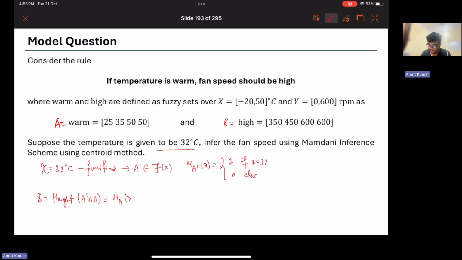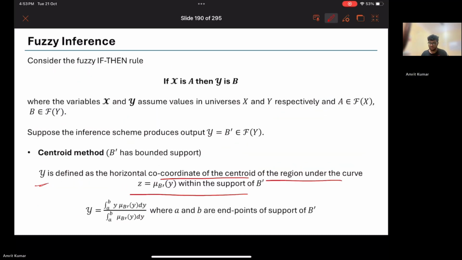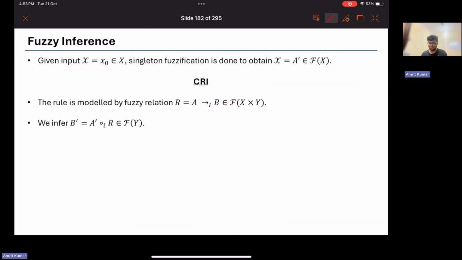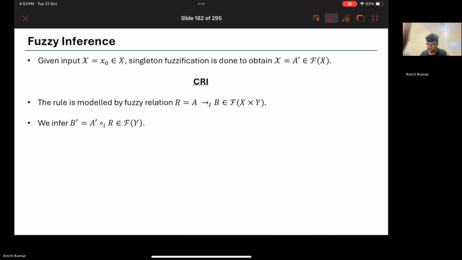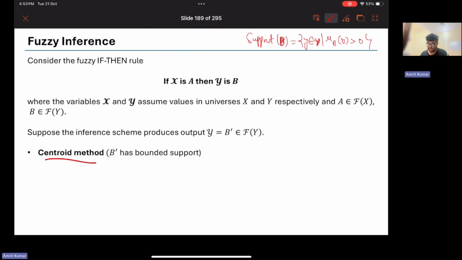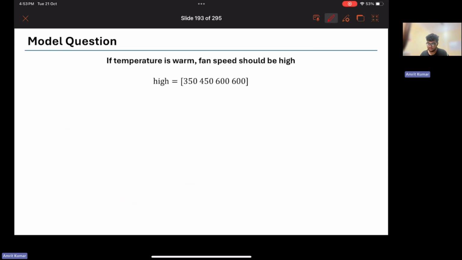Here x naught happens to be 32 degrees centigrade, right? So just to recall, when we have used singleton fuzzification, this entire, okay, so I did not do that. So maybe I'll do that here.